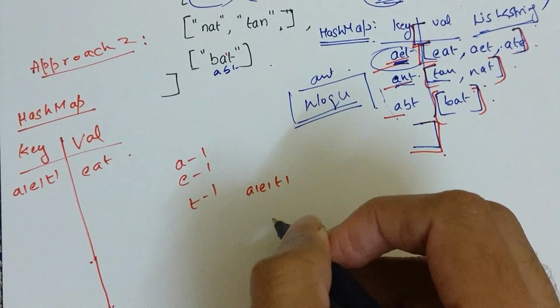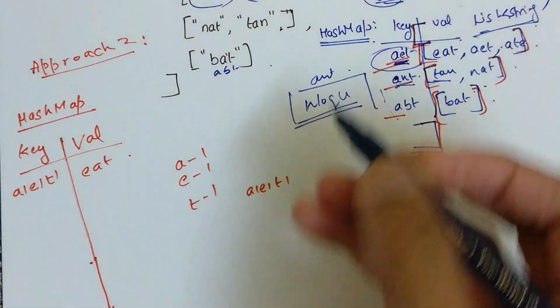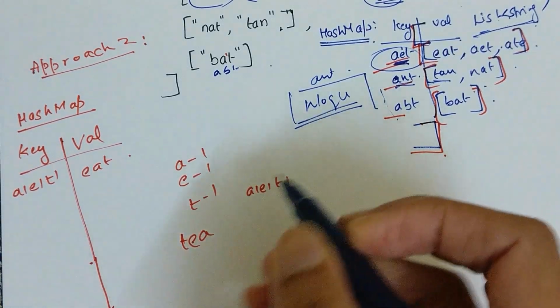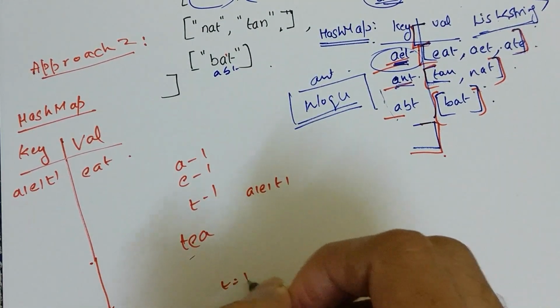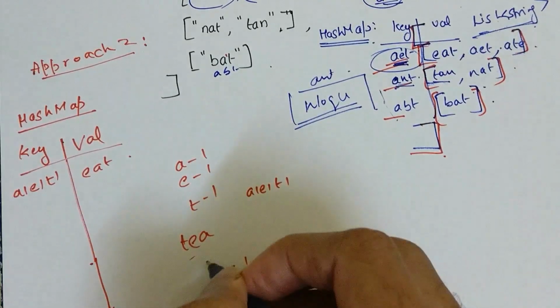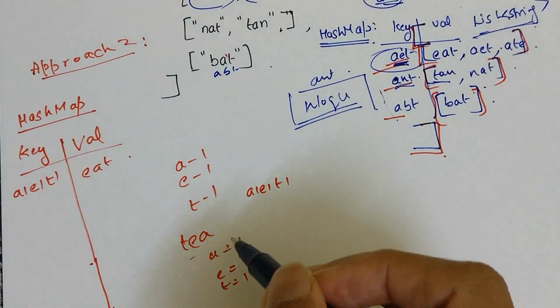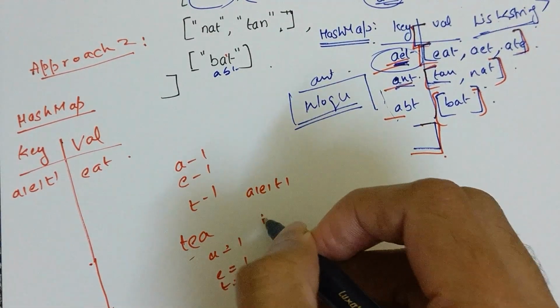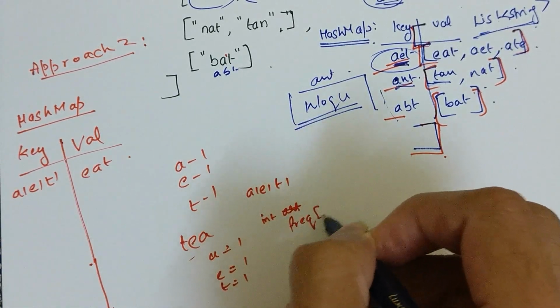If I go through the second one, TEA, when I parse this string, T will be 1, E is 1, and A equal to 1. Again, this will be an integer array, or I can name it frequency.